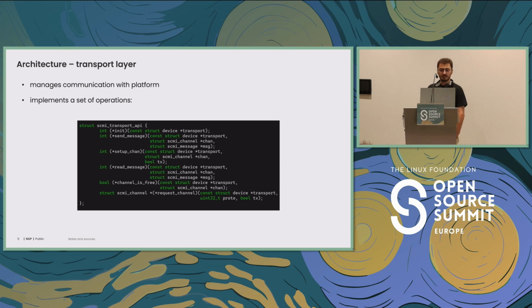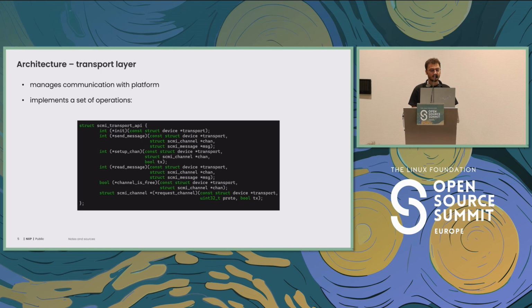I'm not going to go through all of them, but some potentially interesting notes. So regarding the init function, this was needed because transport layer drivers are not allowed to register their own initialization function with the Zephyr driver core. So instead, the SCMI core will take care of the transport driver initialization.